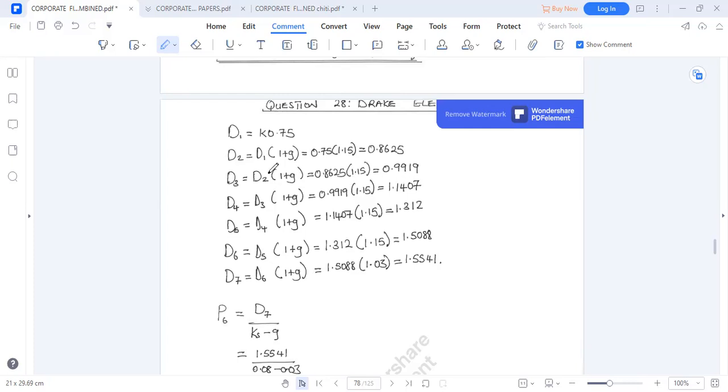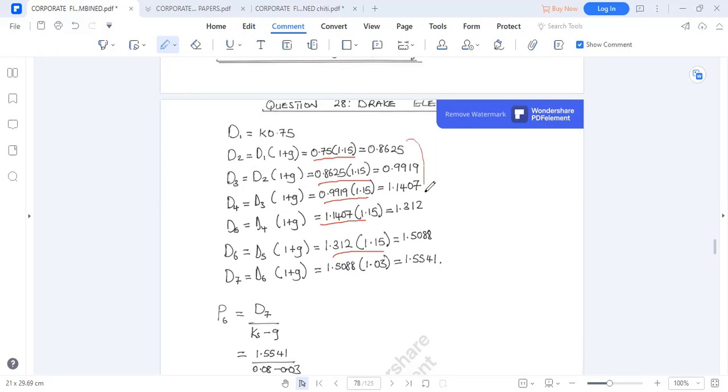So D1 will help us find D2, D3, D4, and D5. So when you apply D1 times 1 plus growth, we get the value of D2, the value of D3, value of D4, value of D5, value of D6. It ends up at the value of D6, because the growth is for 5 subsequent years, 1, 2, 3, 4, 5.